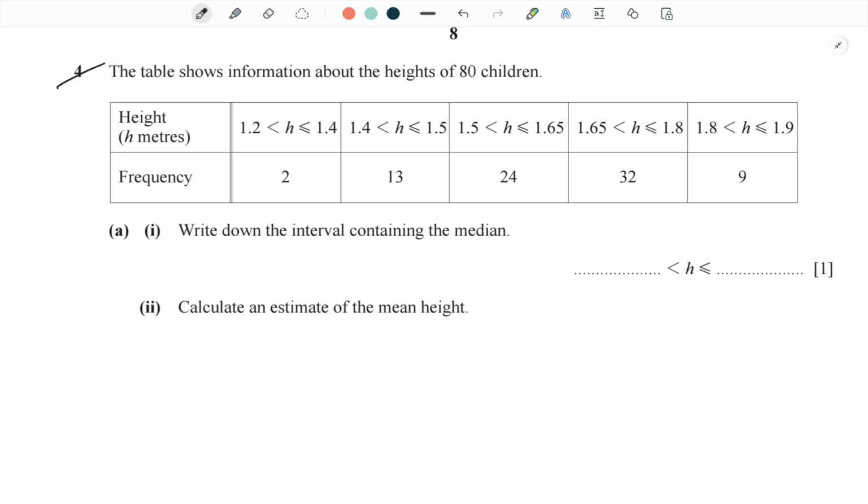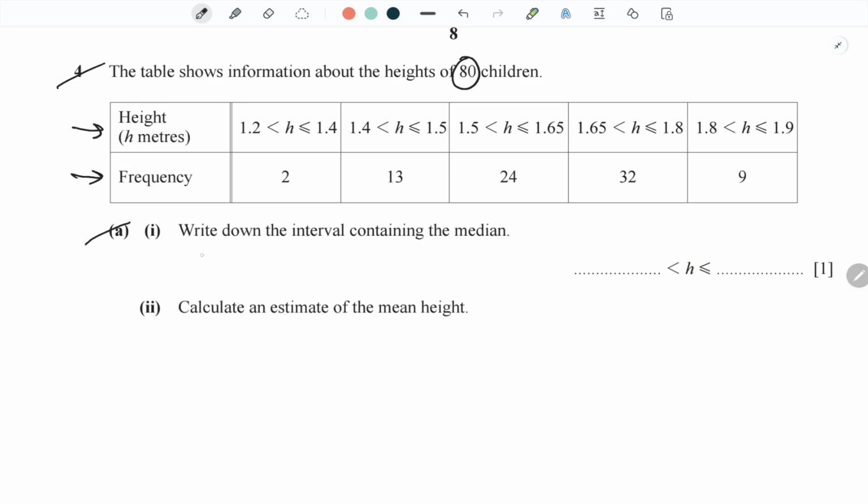The question: the table shows information about the heights of 80 children. We have the total number of children, that is 80, and there are the heights and the frequencies. In the first part, write down the interval containing the median.